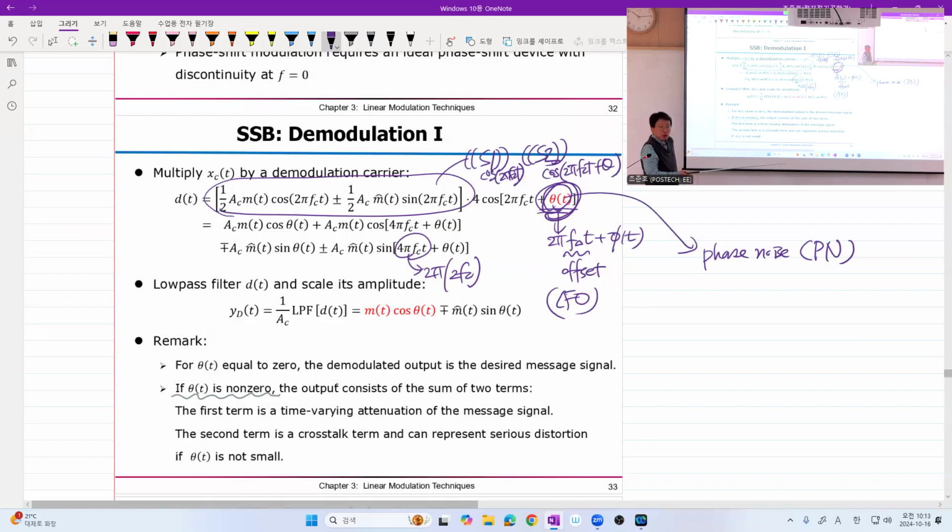And actually, you and I do not know how much distortion will be there here. Our desired signal is m of t, right? Now, instead of m of t, you have that one. What will happen?